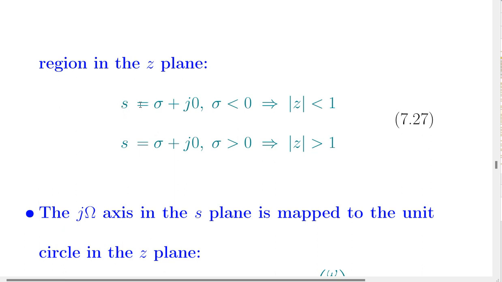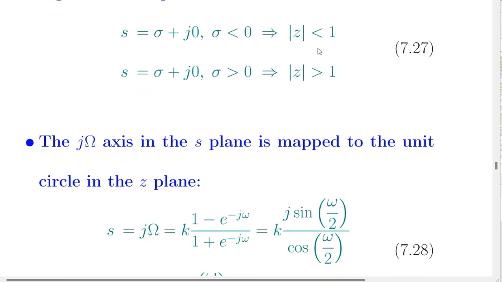S is equal to sigma plus j times 0, and if sigma is less than 0, the absolute value of z will be less than 1, and if sigma is greater than 0, the absolute value of z will be greater than 1. So far so good.